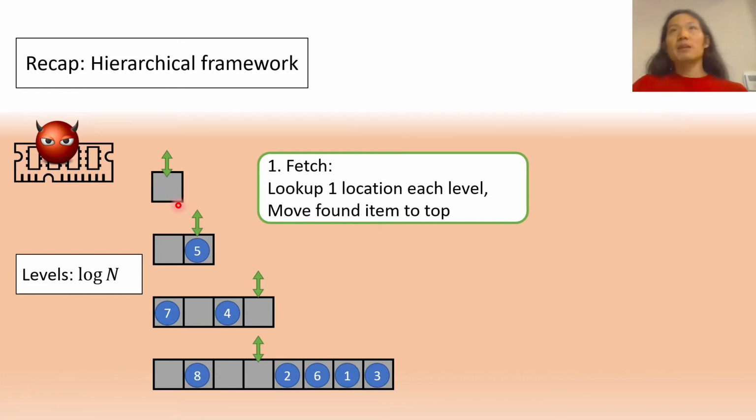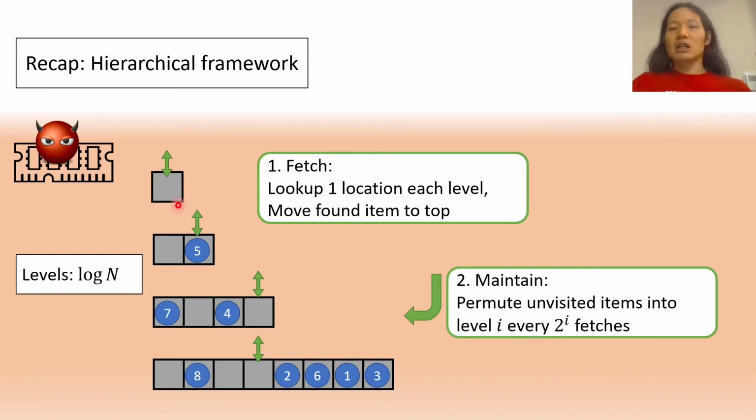Then this top level has only constant capacity, so it becomes full immediately, and then we have to periodically perform a second phase that's called maintain. The purpose is to reshuffle, repermute the elements in smaller levels down to a larger level.